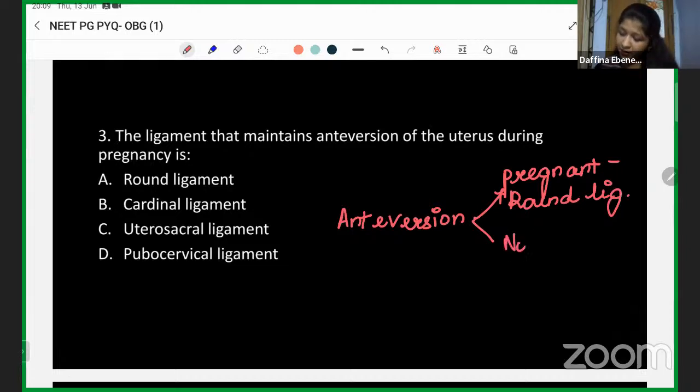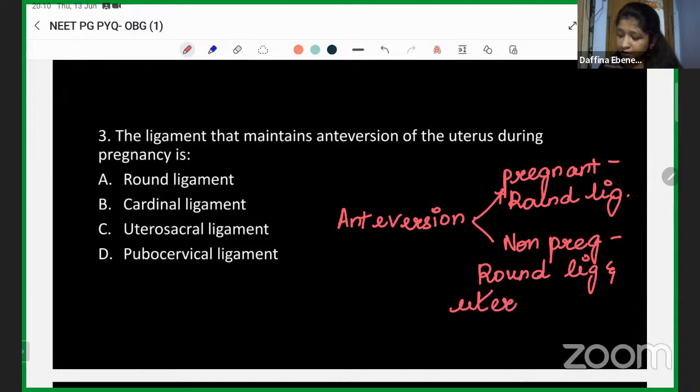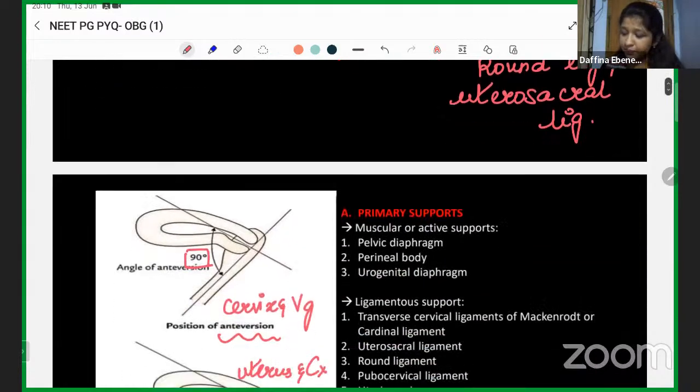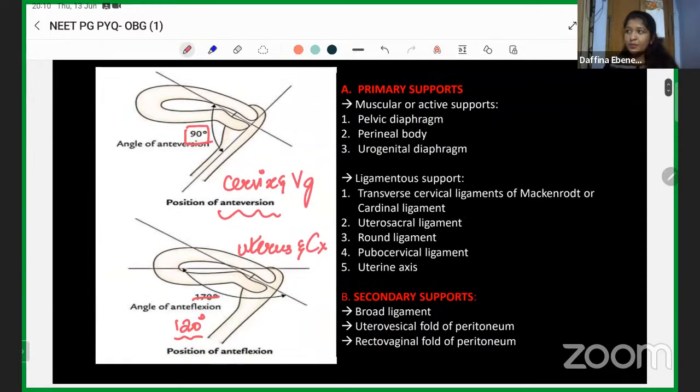Whereas in case of non-pregnant females, it is the round ligament as well as the uterosacral ligament that maintains the anatomical position of the uterus. So in this case, the ligament that maintains anteversion of the uterus during pregnancy is the round ligament.